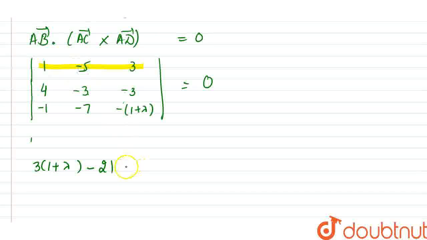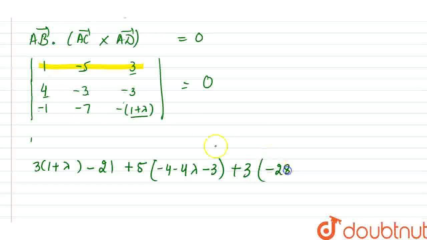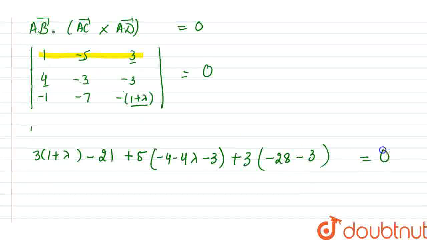Now this is -5, so that will become +5, and the elements 4 multiply 1 plus lambda. So this will be 5 times 4 multiply 1 plus lambda, and this is minus plus 3, and this will be -3. Now for the last element plus 3, this will be 4 times 7, that is 28, minus 28. This is minus plus, and this will be -3, which is equals to 0.